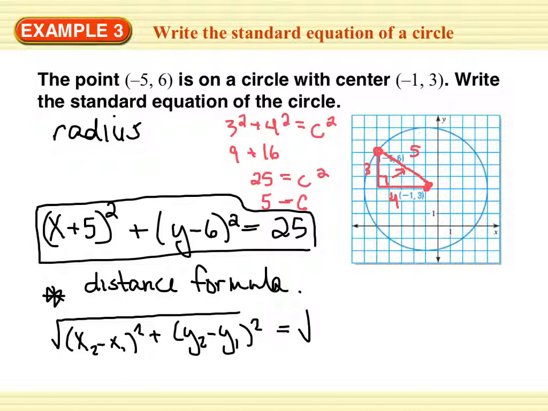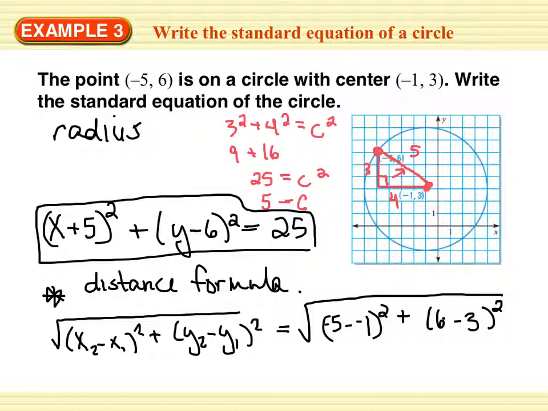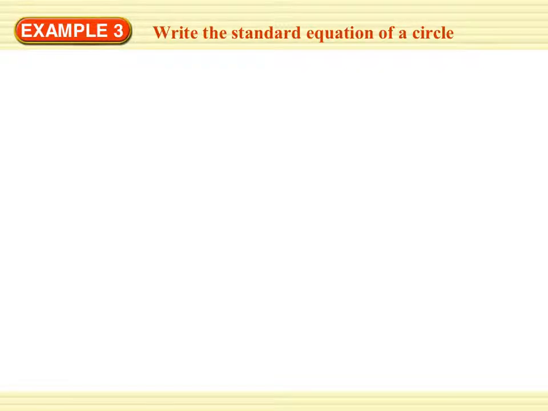If I plug in what we have, negative 5 minus negative 1 squared plus 6 minus 3 squared, negative 4 squared plus 3 squared equals the square root of 25 equals 5. So if it's not graphed for you, I would just go for the distance formula.